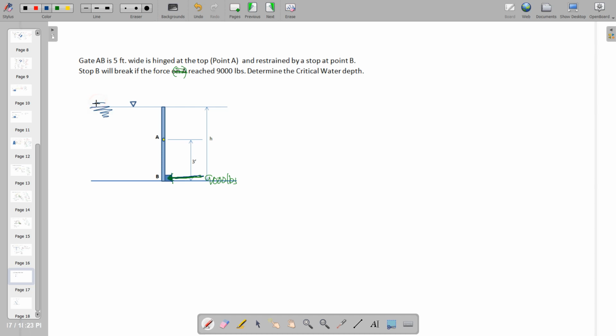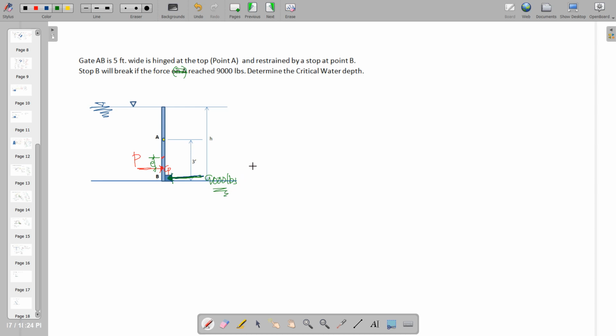So by that condition, if this is the liquid surface, we just need to follow the sequence of our solution, wherein again there will be P here at the center of pressure at location E. So if we need to determine H here, we express all of the terms in terms of H, and of course in this condition we need to involve 9,000 in our equation.